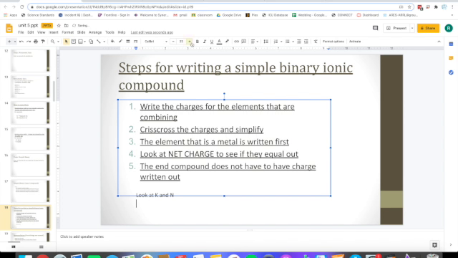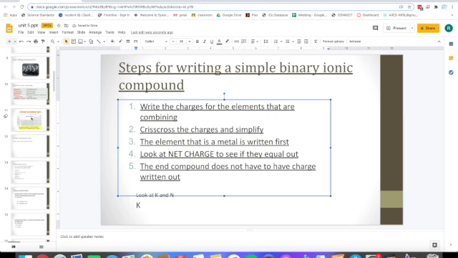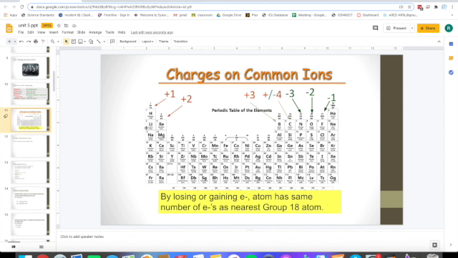All right, so we're going to look at K and N. First we need to write the charge for the elements we're combining. So we have K. We need to look at the periodic table and see what charge it has. So if we find K, K has a +1 charge.